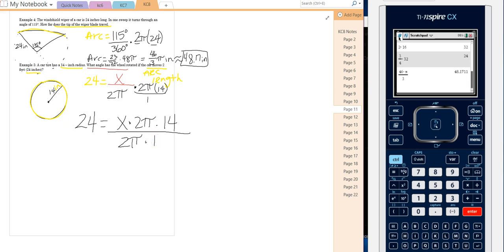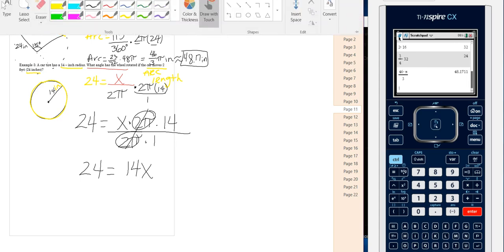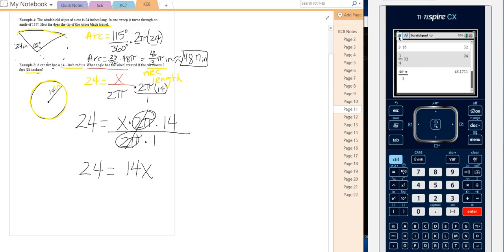Now what we see is some things are going to divide each other out. Our 2 pi and 2 pi, this part and this part, are going to divide and become 1. I am then left with 24 equaling x times 14, which would be 14x, still over 1. I'm not going to do anything with that because I don't need to put it over 1, but I still don't have my x alone.